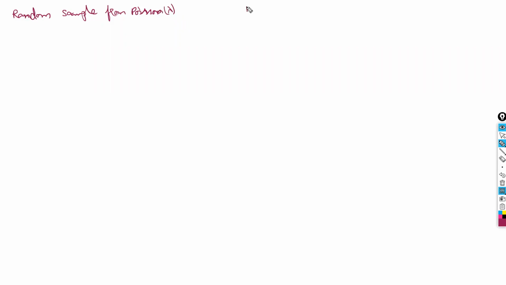Like when you have your normal distribution, you say that a random variable is approximately normally distributed, given mean mu and variance sigma square. In that way, for Poisson, you have a parameter called lambda.